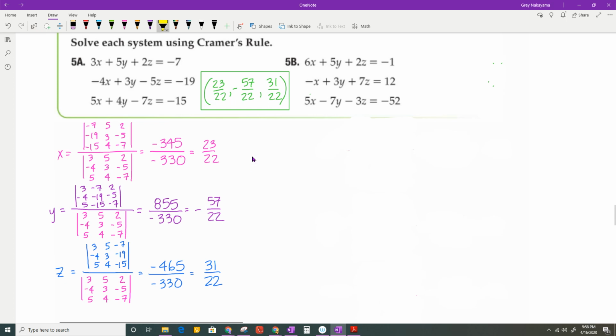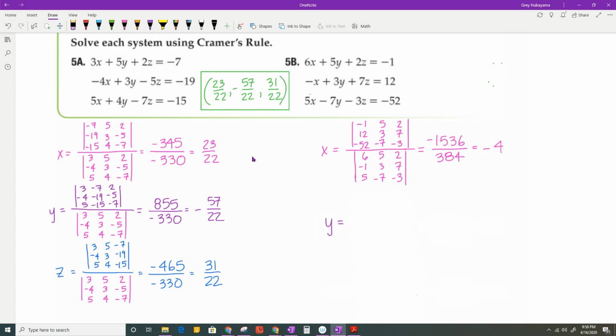Okay, last example, I'm just going to write it out so you can see it, because again, practice helps you get the answers correct. The bottom is the determinant of my coefficients. On top, I replace the first column with the constants. That one has some big numbers, which gives you x equal to negative 4.